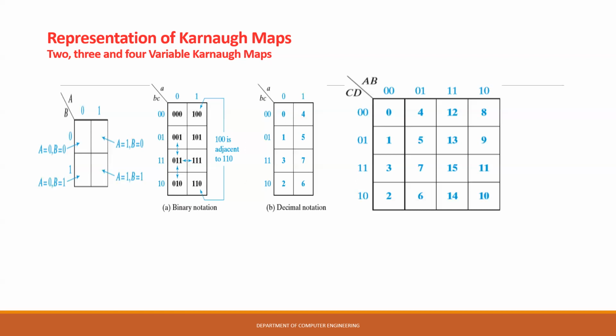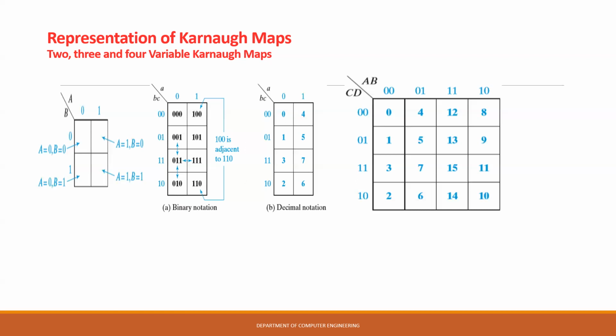The second cell is represented by A1, B0, that is 1, 0. The next cell is represented by A0, B1, that is 0, 1. And the fourth cell is represented as A1, B1. That's why we can vertically compare these cells as decimal numbers vertically.